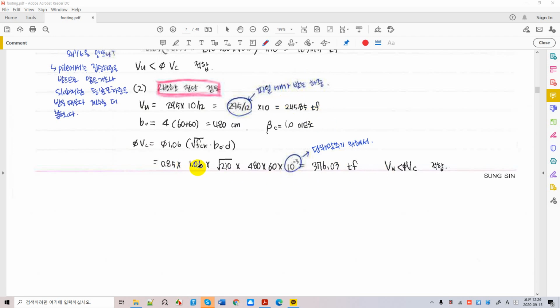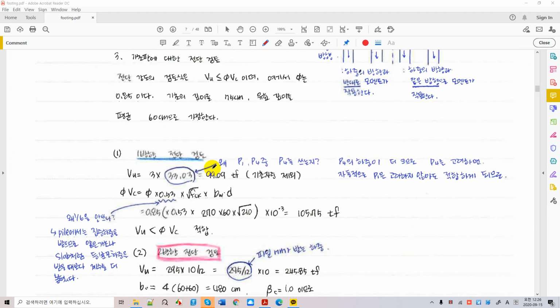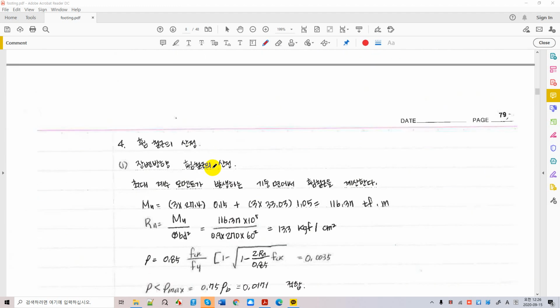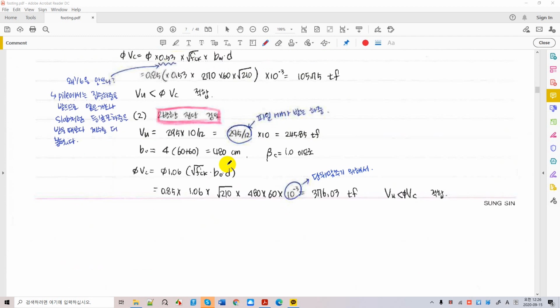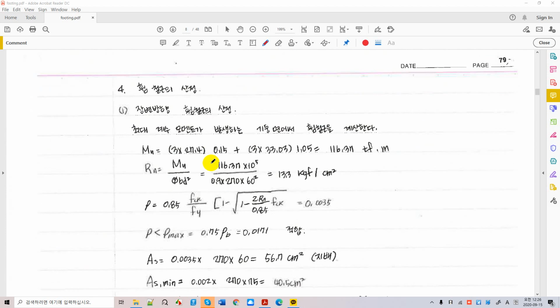And I don't have to explain, do I? All these numbers are plugged in properly, okay? And now we checked one-way shear, two-way shear, all that, right? And also don't forget to check two-way shear for a single column. So I think we're going to omit this because that is trivial, all right?